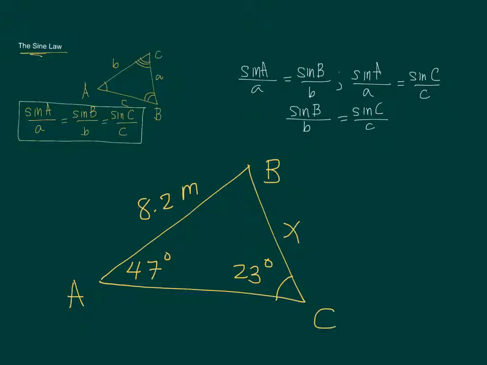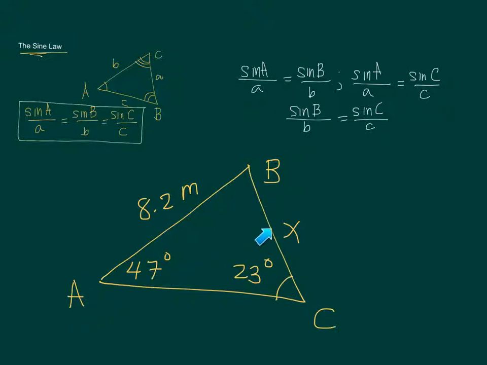Angle A is 47 degrees, angle C is 23 degrees, side AB, which is acting as the side C, is 8.2 meters, and we want to find the side A or side BC that is opposite of the angle A.